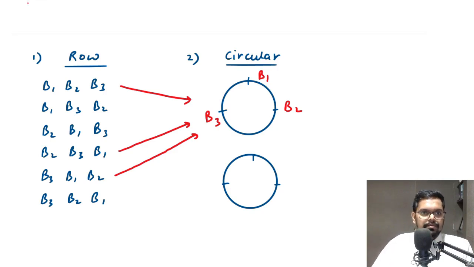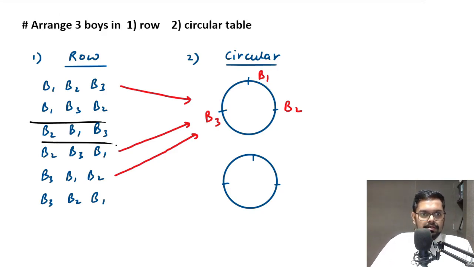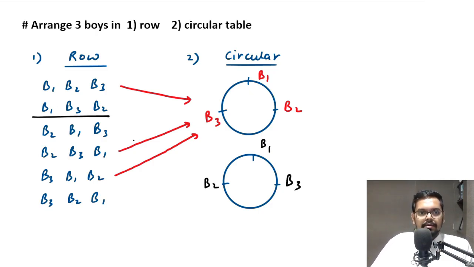Now talking about the rest. What about this arrangement? Say b1 is seated here. Now take b2 here and b3 here. If you do that, you get b1, b3, b2.